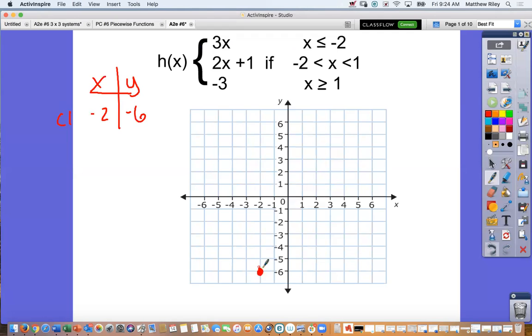And again, from here, I can apply my slope. But because it's less than or equal to -2, I only want my slope going left. So my slope is +3. This one really should be down 1, 2, 3 over 1. Like this, sorry. That's the first one.